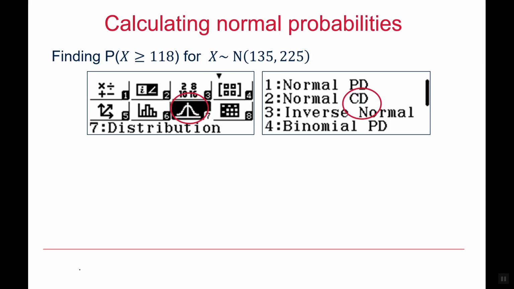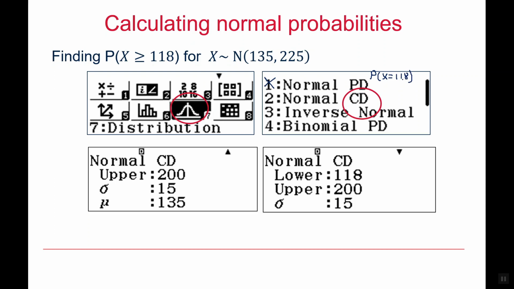So if we look at using the calculator to find such a probability, you'd need menu 7 to get the distribution function, and you will always be using option 2, normal cumulative distribution. Option 1 is not relevant to what you're doing at A-level. It's an approximation to this sort of exact probability that I've already explained to you. The probability would be 0 in the case of a continuous random variable at A-level.